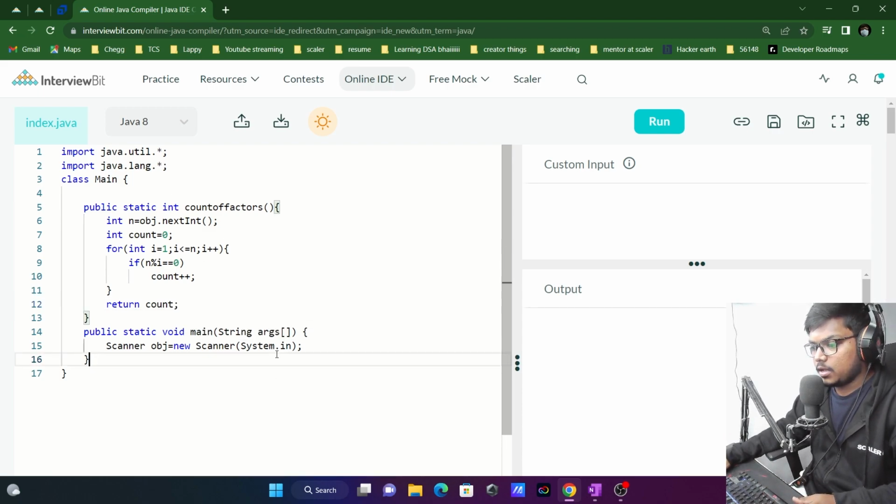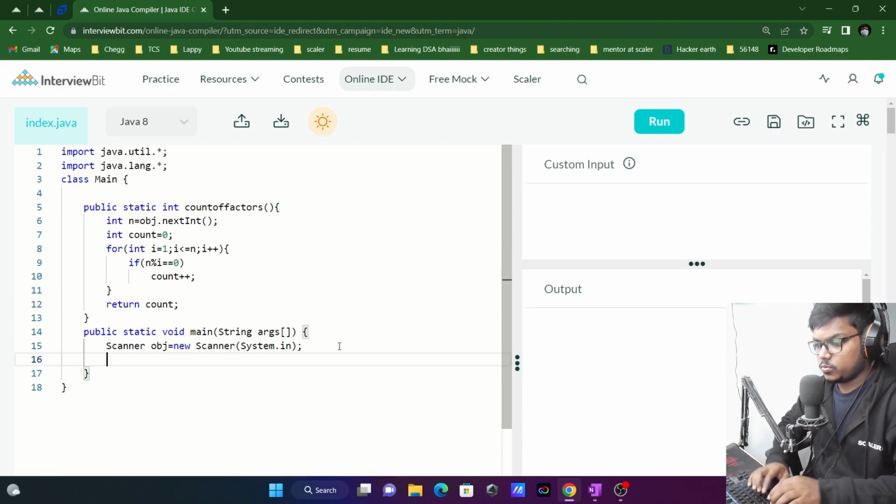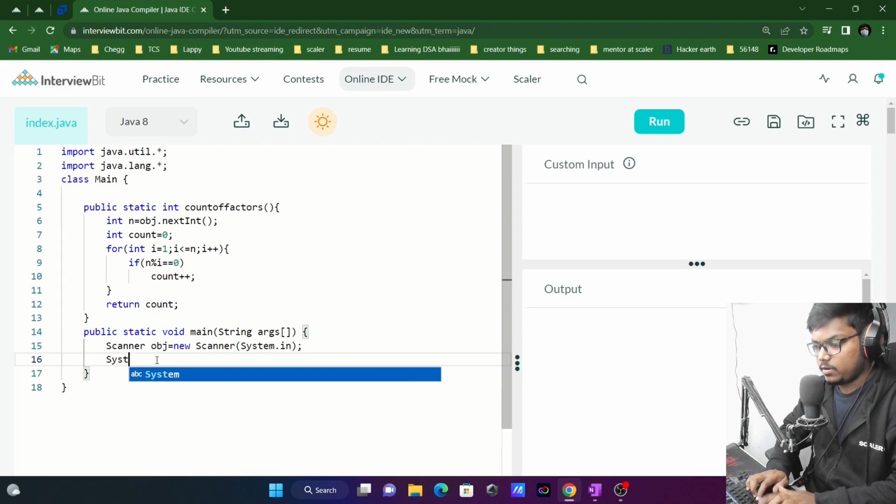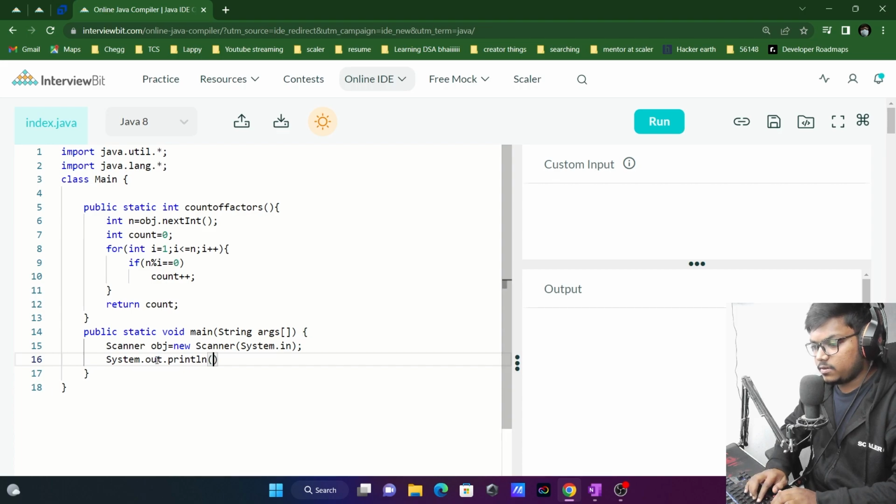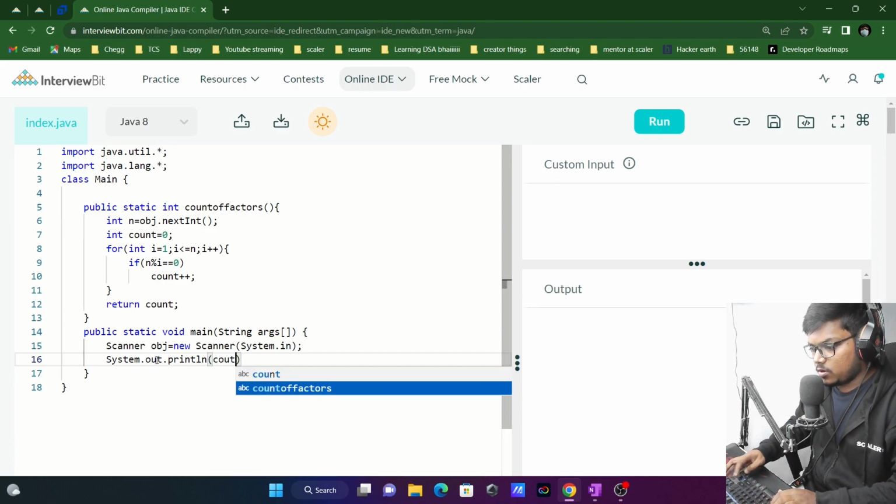Whatever I'm returning here, I have to store it or print it. So simply I will print here. I will call the function count of factors here itself and print over here.